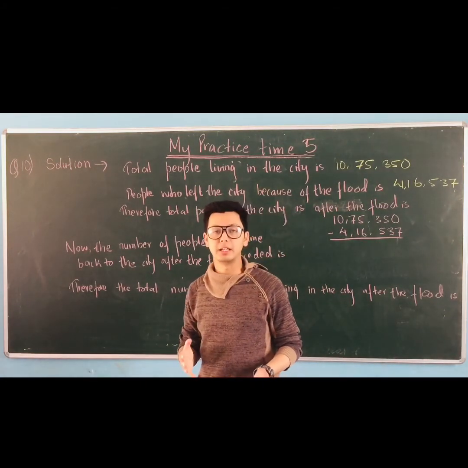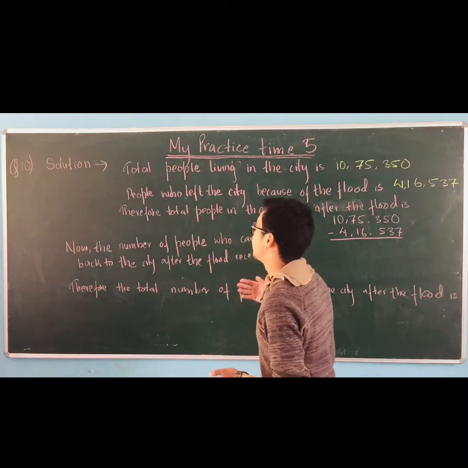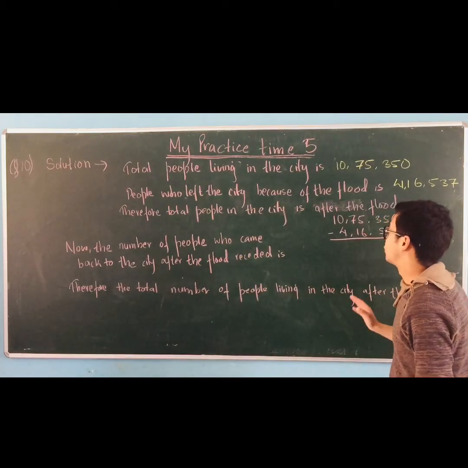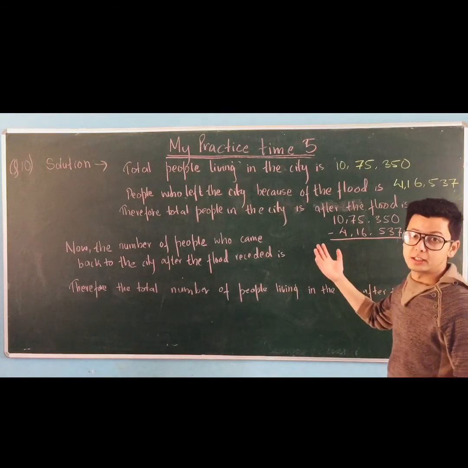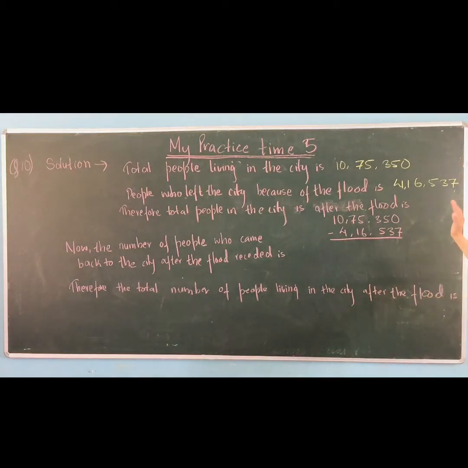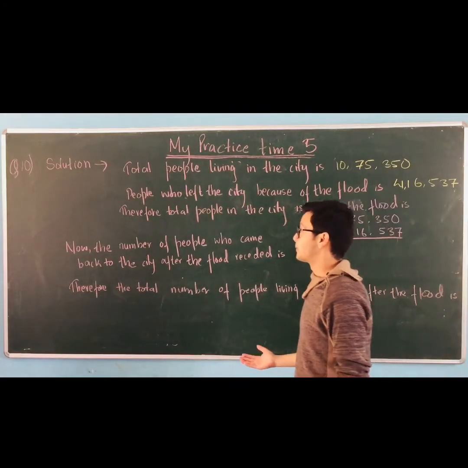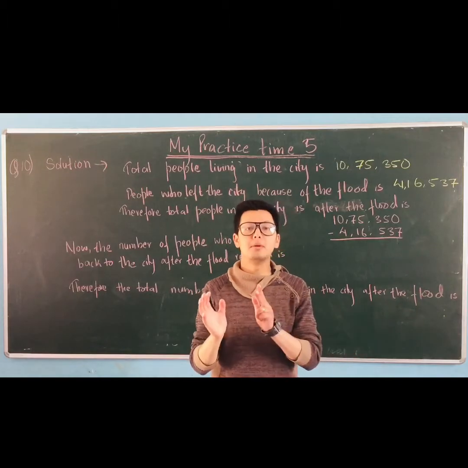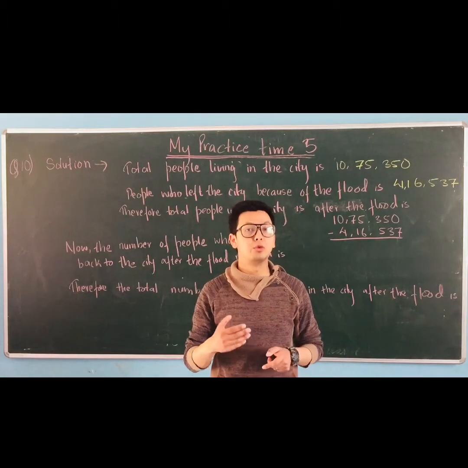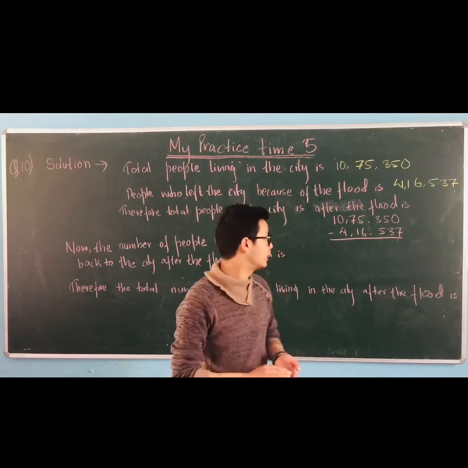A flood came, and people had to move out of the city. The number of people who left the city is 4,16,537.